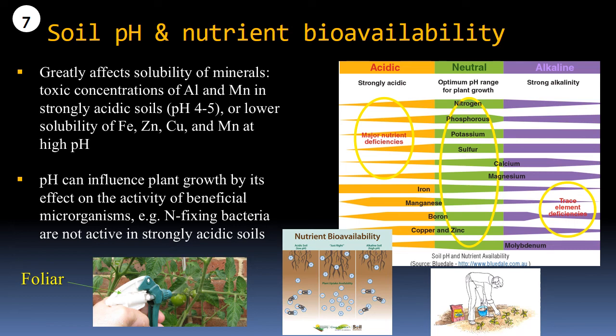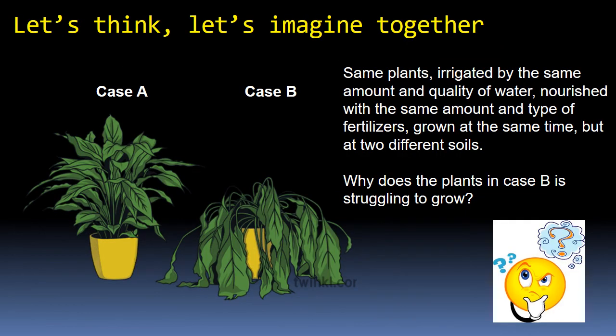So now it's very important to know that dealing with fertilizers is not only about adding the fertilizer to the soil. You have to have knowledge about the soil pH, because that's very important to determine the bioavailability. And I guess by now, I'm sure you would be able to answer the question which I asked at the beginning of the lecture.